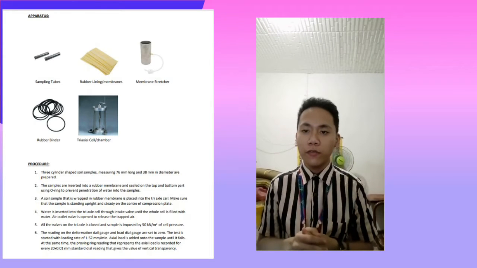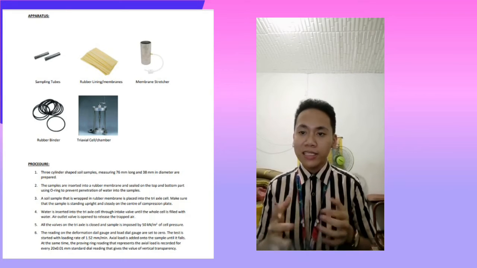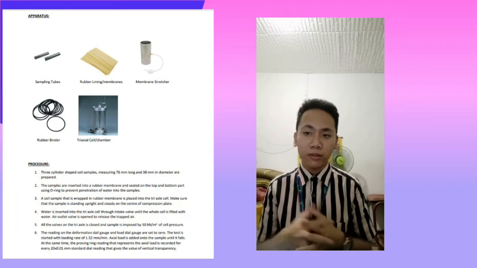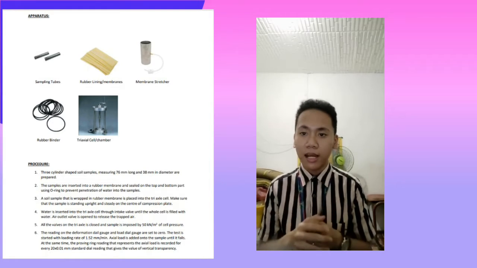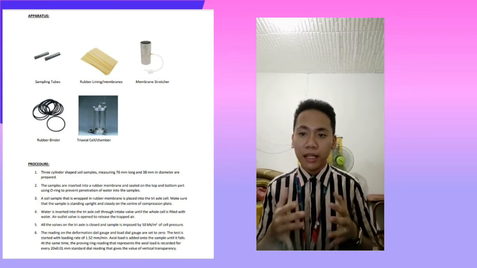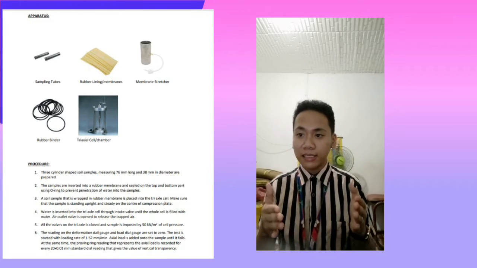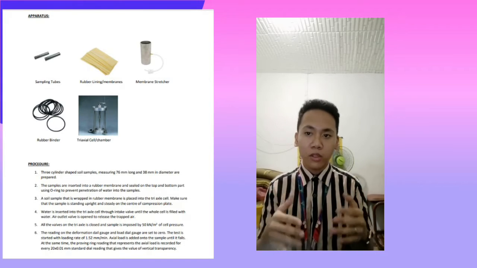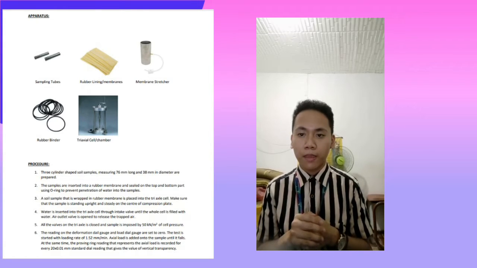Okay, so for procedure. Procedure number 1: three cylinder shaped soil samples measuring 76 mm long and 38 mm in diameter are prepared. Procedure number 2: the samples are inserted into a rubber membrane and sealed on the top and bottom part using O-rings to prevent penetration of water into the samples.